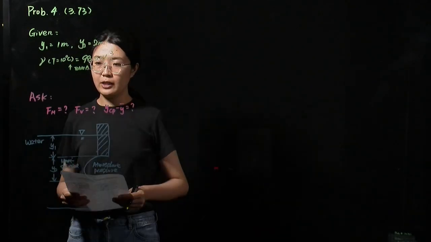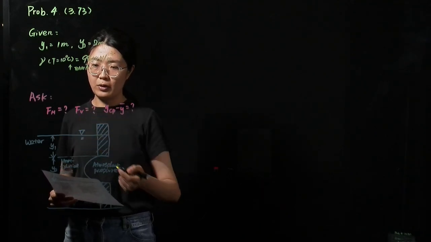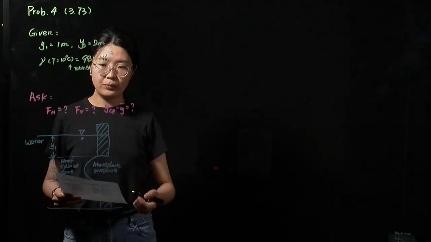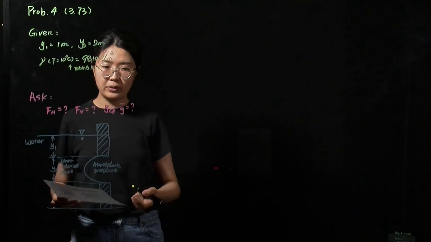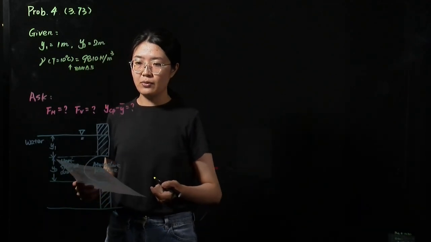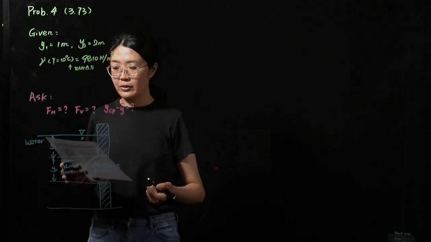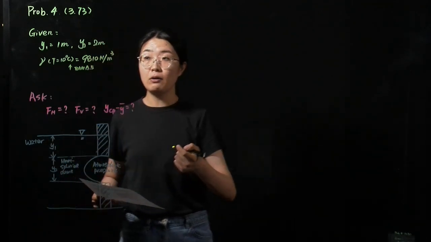In this problem, we need to determine the horizontal and vertical force exerted on the dome to keep it in place. And we also need to identify the corresponding direction of the force, and the line of action of the horizontal component of force. So let's solve the horizontal component first.